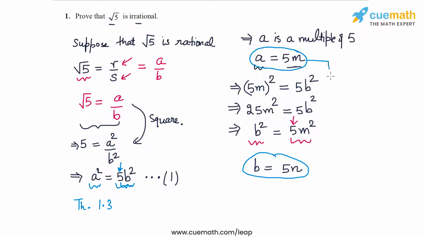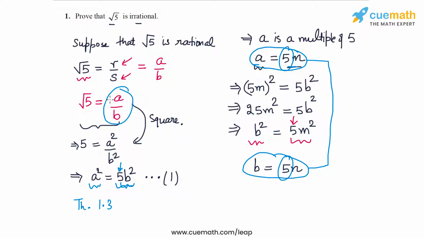But these two relations put together are a contradiction, because in this form a equal to 5m and b equal to 5n, both a and b have a common factor of 5, and when we started out our analysis we assumed that a and b have no common factor.